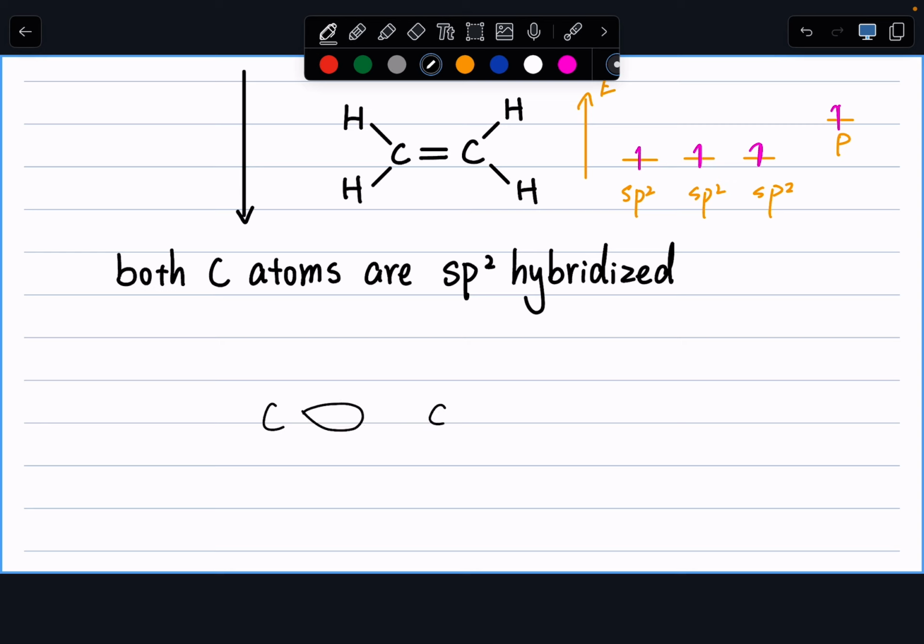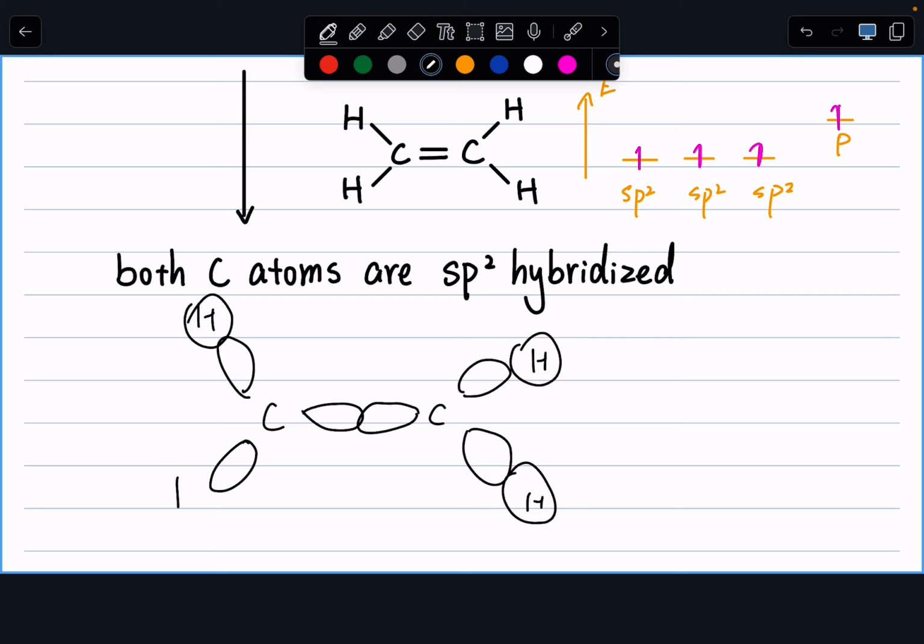This one forms a sigma bond, and these two form sigma bonds with the hydrogens. So this gives me my sigma bond skeleton. The center one is the sigma bond between my sp2 carbons, and this one is the sigma bond between my sp2 carbon and the 1s of the hydrogen.